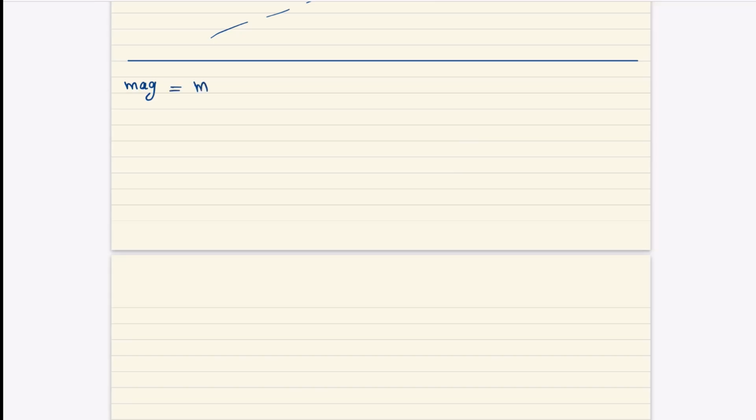It's called magnitude, is shown by m, and the value is in general equal to -2.5, which has a historical reason, it's just a coefficient, times the logarithm of the brightness B over B0, the reference brightness. We can take anything as the reference brightness, plus some reference magnitude.